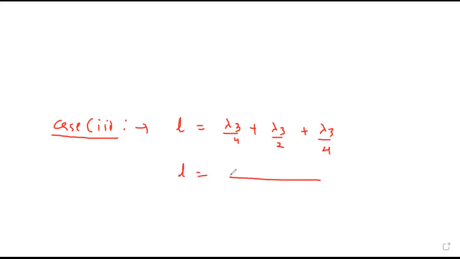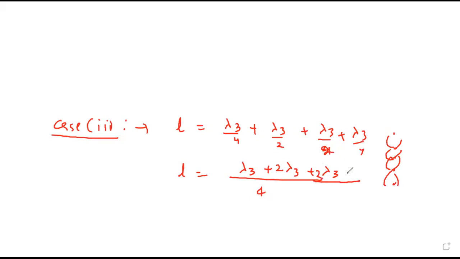So this will become L equals lambda 3 by 4 plus 2 lambda 3 by 4 plus lambda 3 by 4, open at both ends. So 1, 2, 1, 2, 3: lambda by 4, lambda by 2, lambda by 2, and lambda by 4, plus lambda 3 by 4.